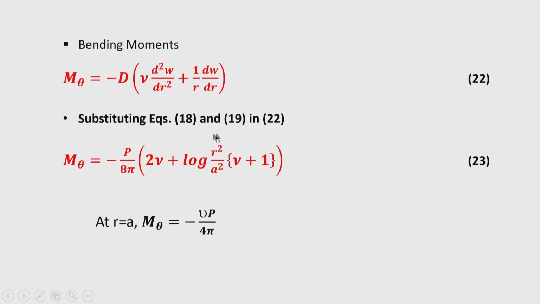Now, here you can see this expression m theta is not only dependent on the value of the load and the ratio of r by a, but also it depends on the material property mu especially. So, at r is equal to a, again this term becomes 0 because log 1 is 0. So, we get at the edges m theta equal to minus mu into P by 4 pi.